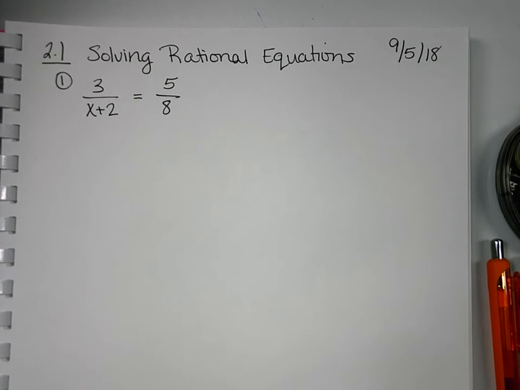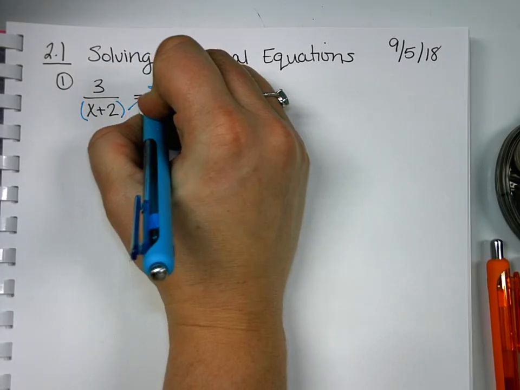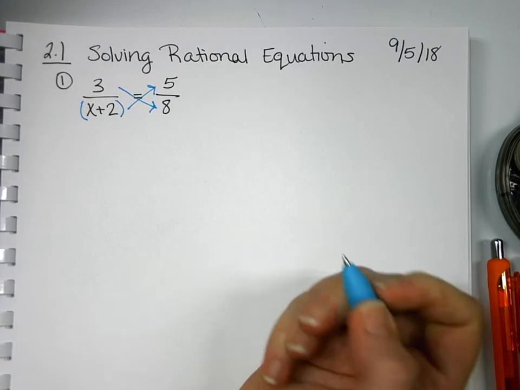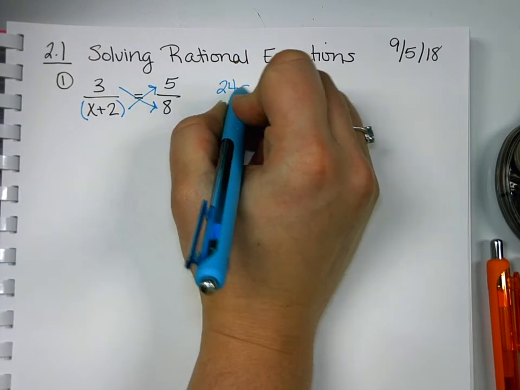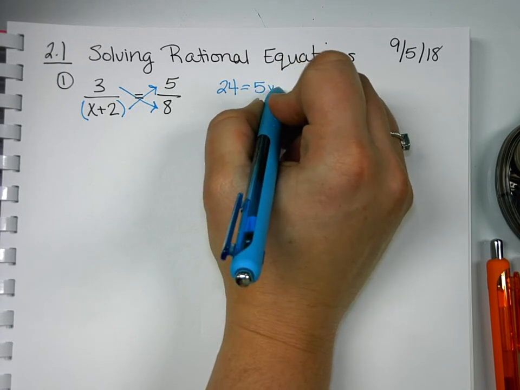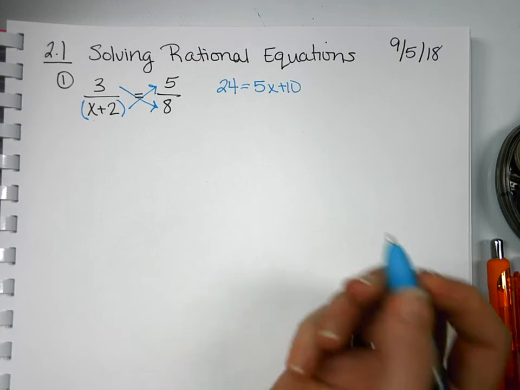So when you have a rational expression on each side and you have just one, that's when you have a proportion, which you can do the same methods you've used before, cross multiply. So if I just make sure I remember that's in parentheses, and I cross multiply, I'll have 24 equals 5x plus 10, because I have to remember to distribute the 5 to each term.